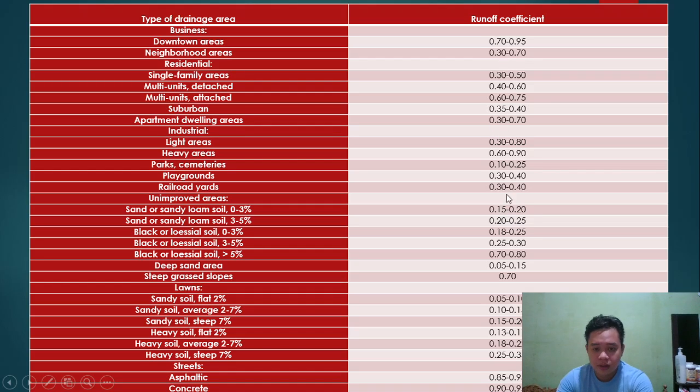It depends: if it is given as 0.70, use 0.70. But for example, sandy or sandy loam soil, 0 to 3%, within 0.15 to 0.20, the best value to be used will be the middle value.